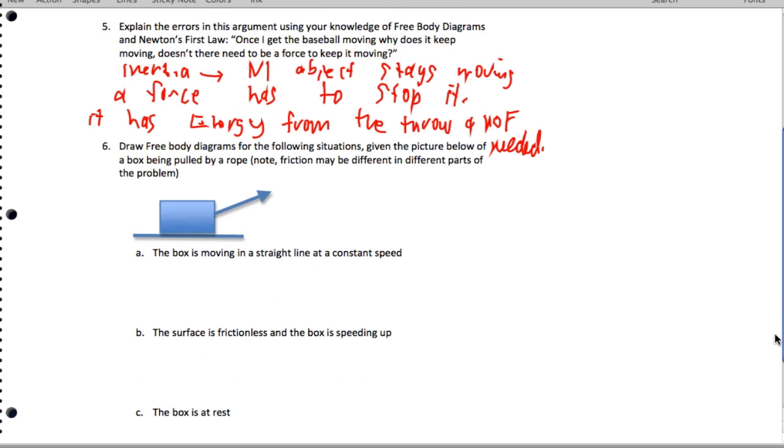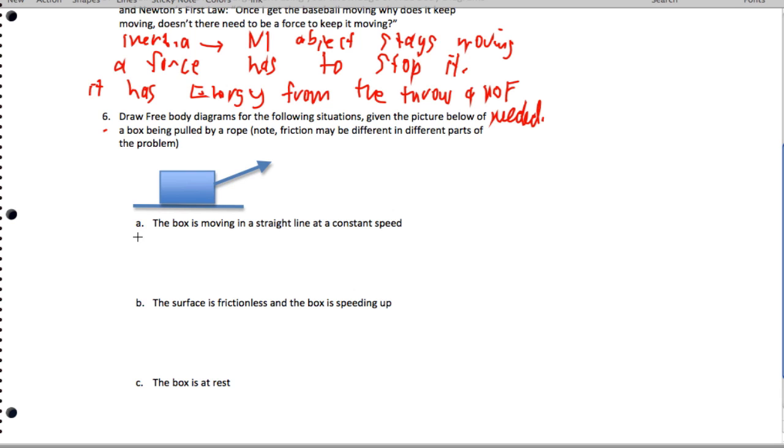Now here, question 6, these free body diagrams apply to this box in this situation here. In all the situations, we need a tension and a weight and a normal force on the mass due to the surface. And you know what?